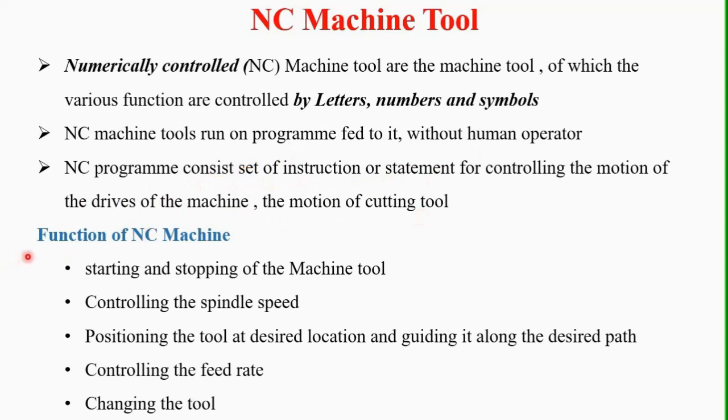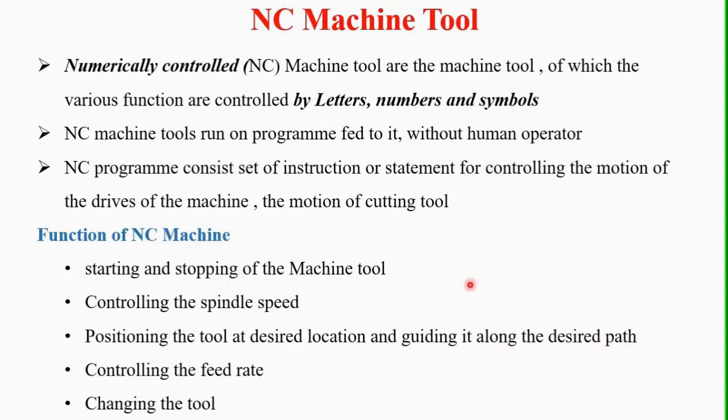Here are a few functions of NC machines. The NC machine starts and stops the machine, controls the spindle speed and controls the feed rate. It also positions the tool at the desired location and guides it along the desired path.